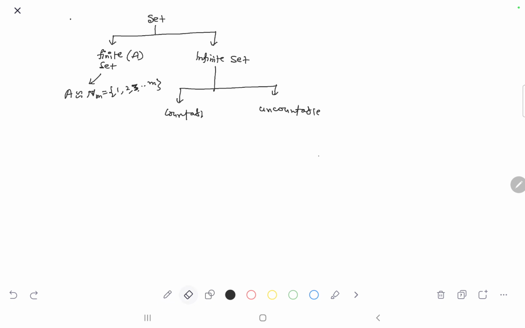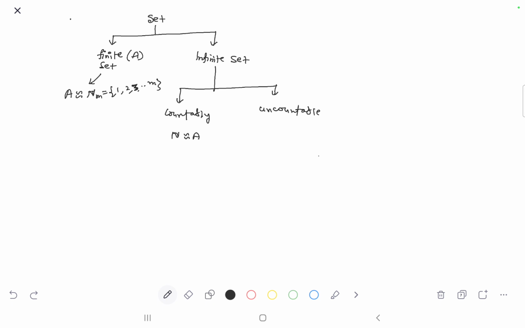Let me write. Countably infinite set means A is equipotent with the set of natural numbers. If we can give a bijective map from the set of natural numbers to the set A, then we call A a countably infinite set.